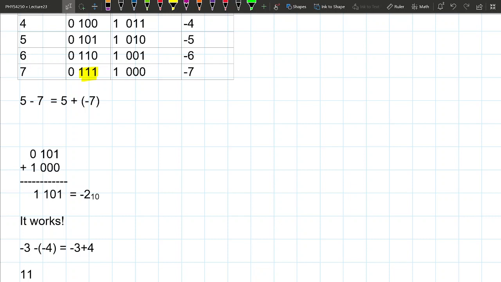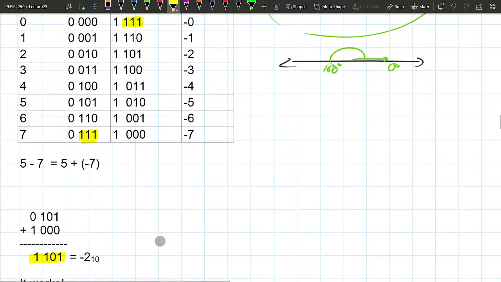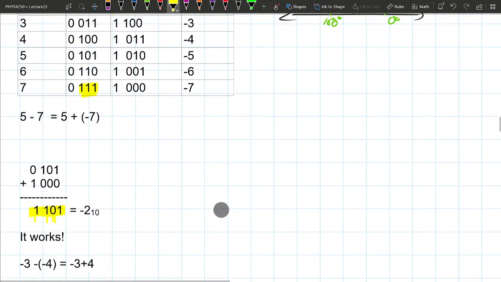Now you can either do the computation yourself, or go up here and look at the table. 1, 1, 0, 1 is this line here, and that's equal to negative 2. Is that the right answer?